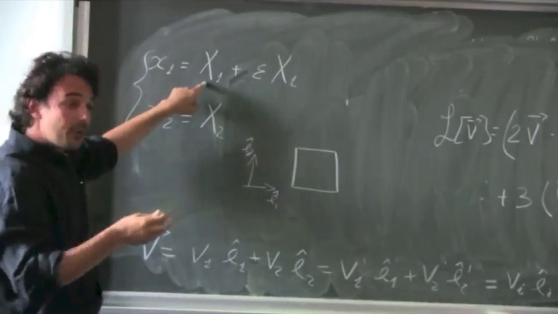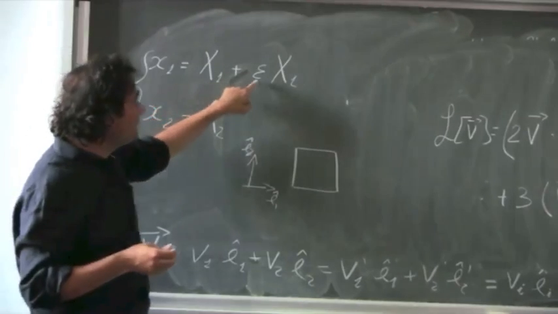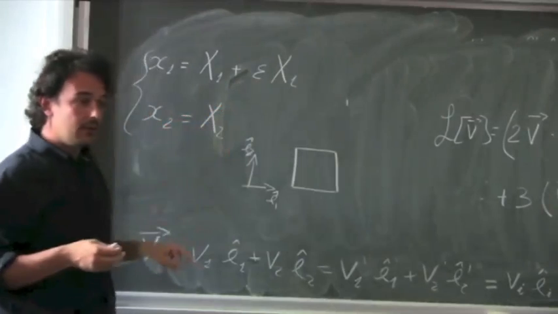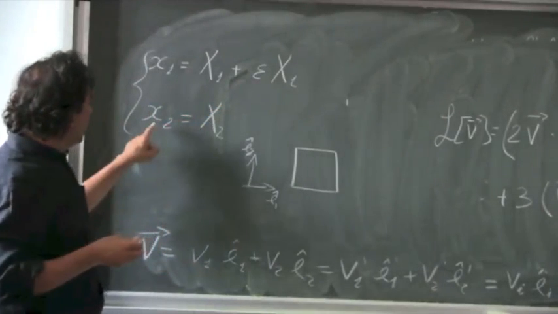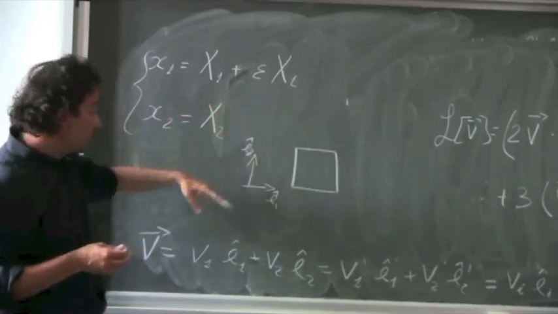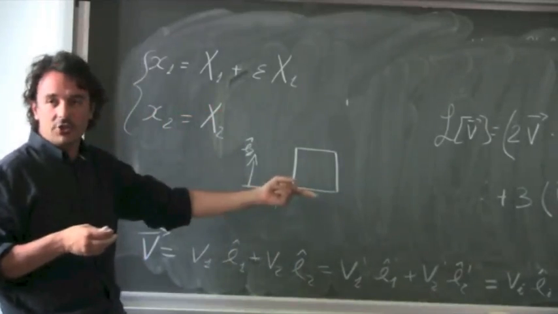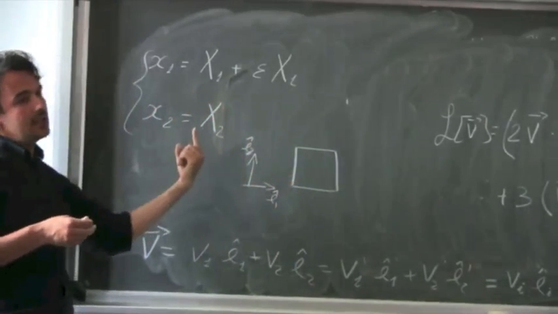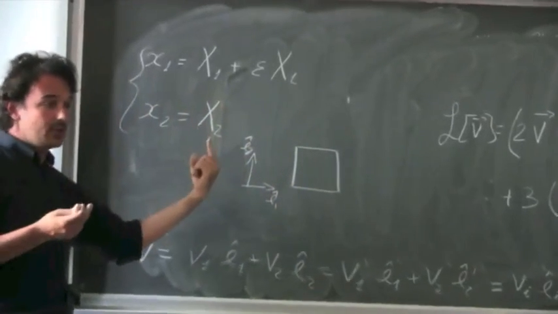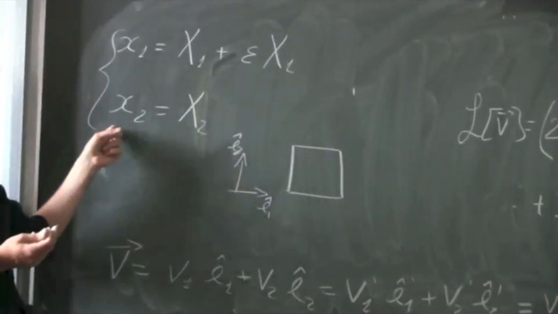At the end of the deformation, this point has a coordinate x1 plus epsilon x1. So the coordinate in the x direction is changed. The coordinate in the y direction is not changed, because at the beginning it was x2 and at the end it is x2.